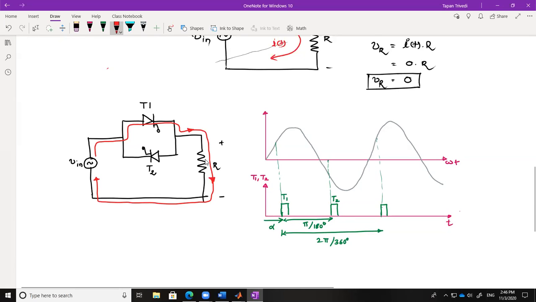And whenever T2 conducts, the current will flow in this direction. Are you getting it? Okay. So during the negative half cycle, T2 will conduct. During the positive half cycle, T1 will conduct.